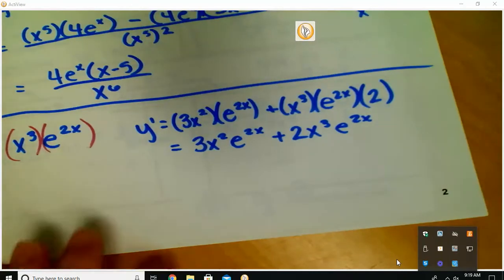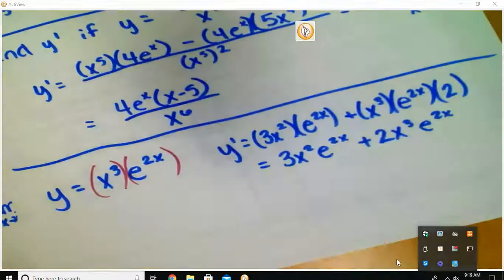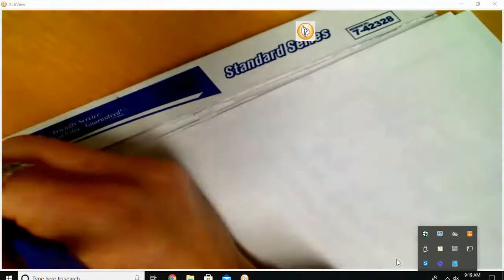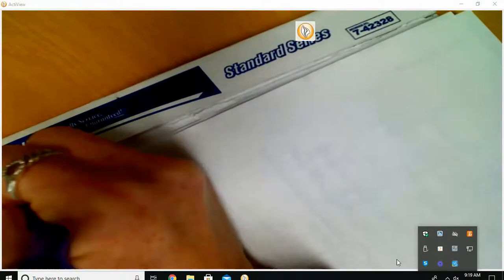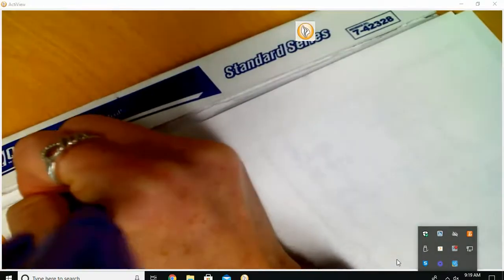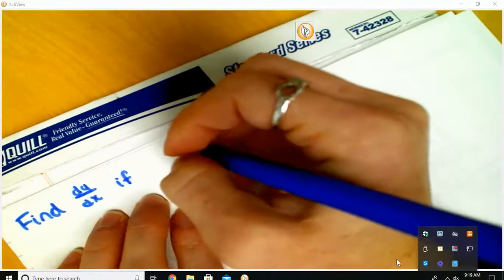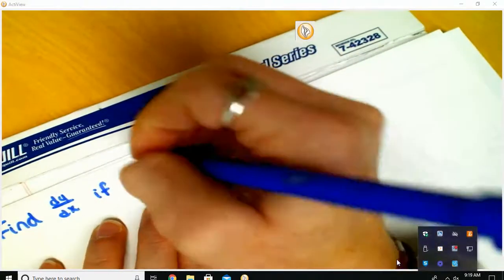An implicit differentiation one? Yeah. Okay, so let's do, let's see.